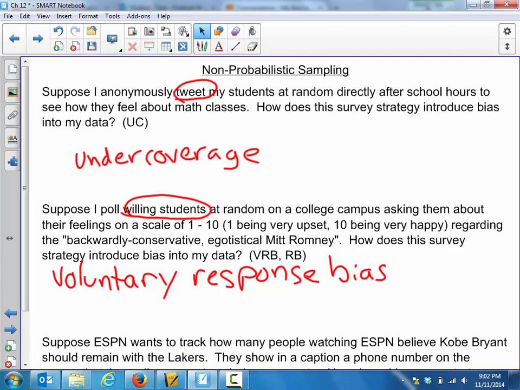Voluntary response bias is from the fact that, again, I'm only getting data in my sample from students who care to be included, and thus the results from those people who want to be included in the survey may look different from the rest of the people.